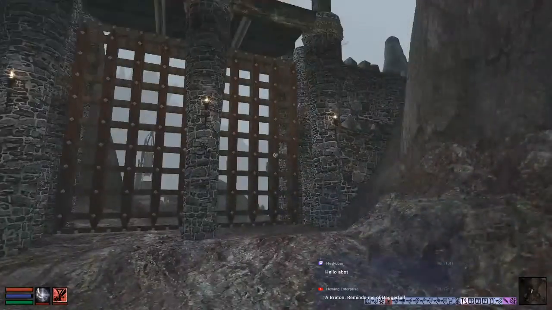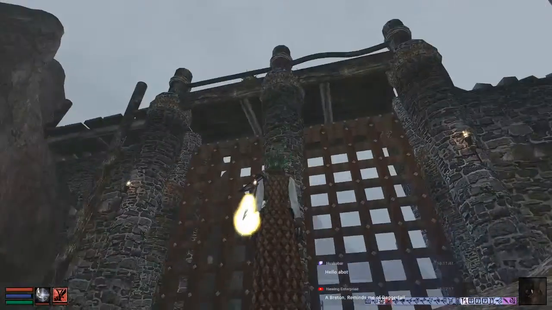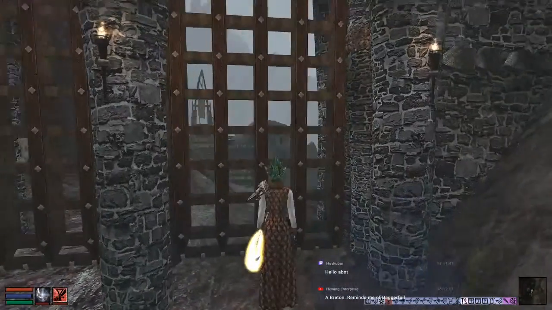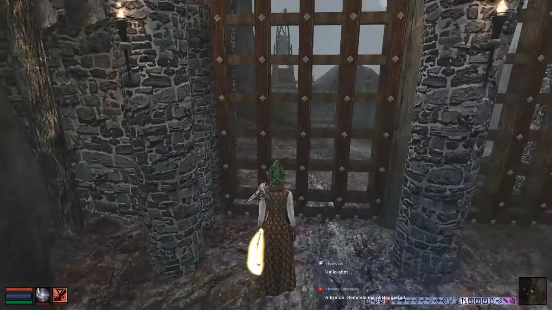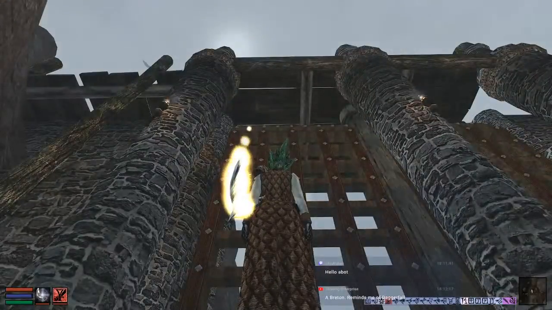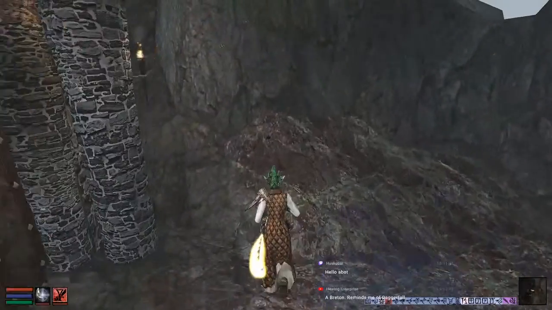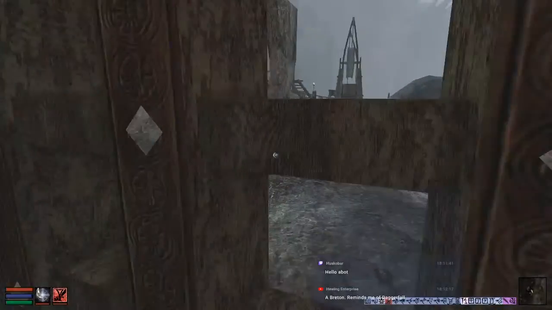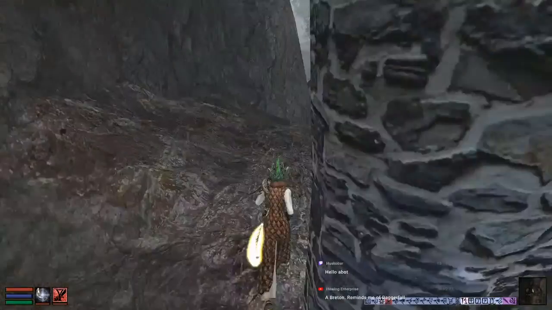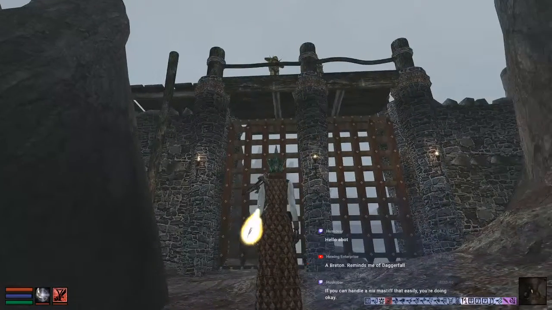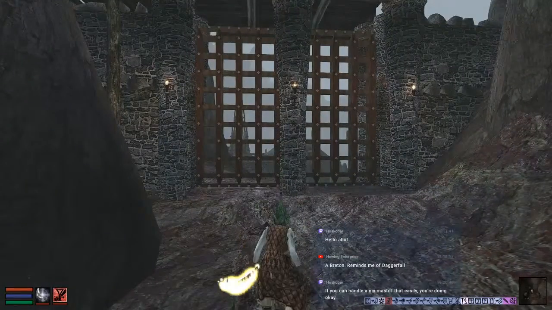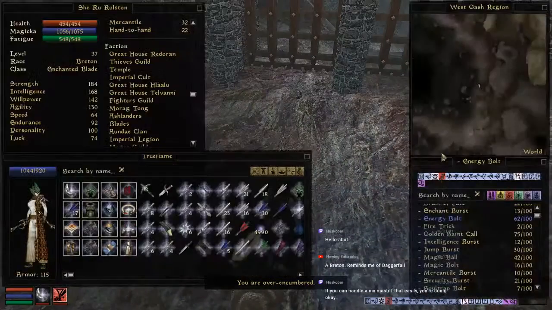And these are changes added from the Caldera Mines mod. Not sure I can actually open this without the guards being mad, so I can just do it.